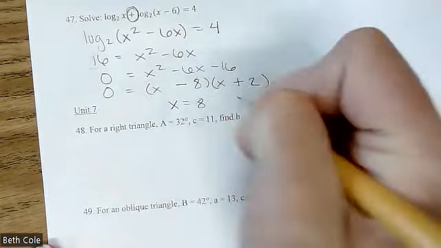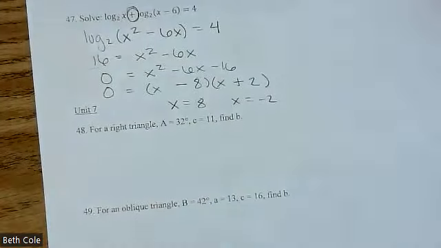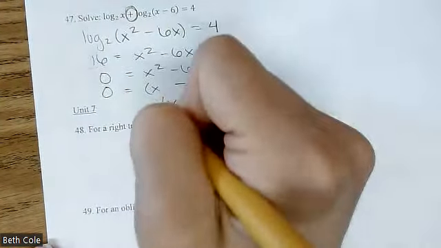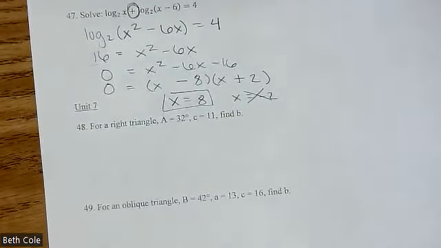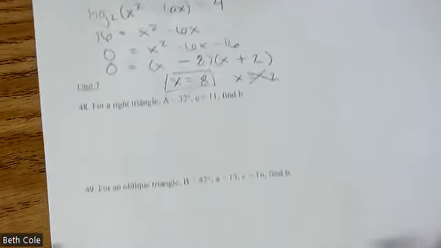So you get x equals 8, x equals -2. But you cannot log a negative number. So we're just going to keep the 8. It's multiple choice though. So remember that you will be able to narrow down the choices. It's helpful. Okay.